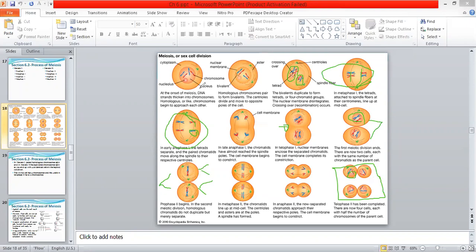Crossing over means that during the forming of tetrads of homologous chromosomes, the two inner chromatids, for example the inner two chromatids here, are very close to each other. They will make an exchange, so it causes genetic diversity or genetic variation.